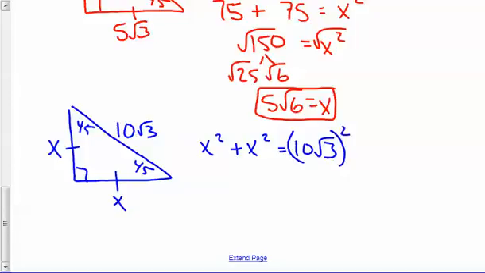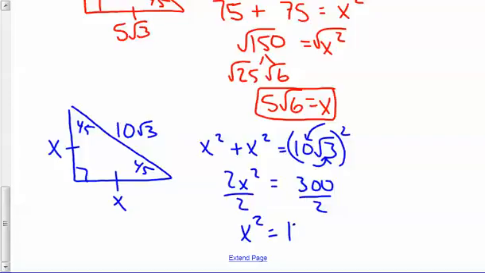Okay, well this is 2x squared equal to 10 squared, 100 times 3 is 300, divided by 2, x squared equals 150. Well, we just did that one, didn't we? The square root of 150 is 5 root 6.